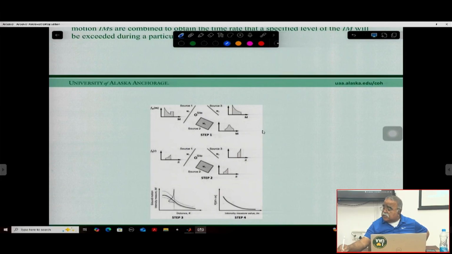So let's see, this is your site, and these are again different sources, right? So we have a magnitude, there is an uncertainty, or how the magnitudes are distributed all along the fault, right? So that distribution we will be calculating. Okay. Next we calculate what will be the distance. So that means from the source to the site, what are the distances?